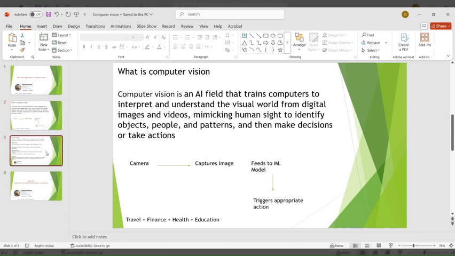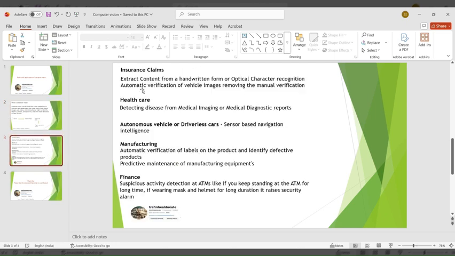So now let us see what are the real world applications, right? In insurance claims, the insurance sector was a very early adopter of computer vision technology. Previously the insurance companies had a claim process, right?